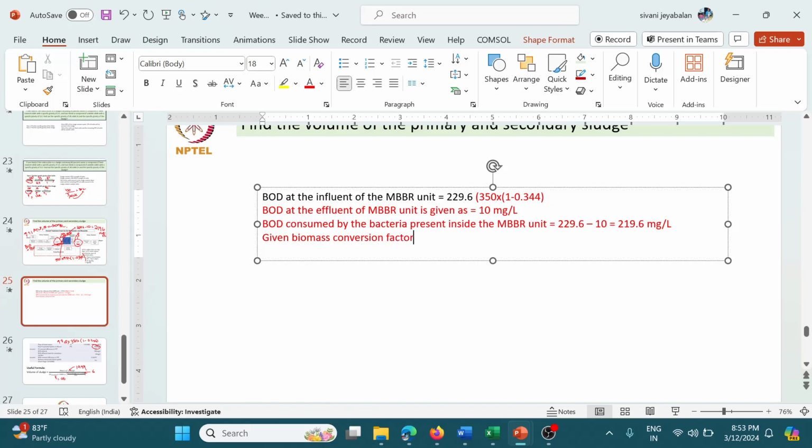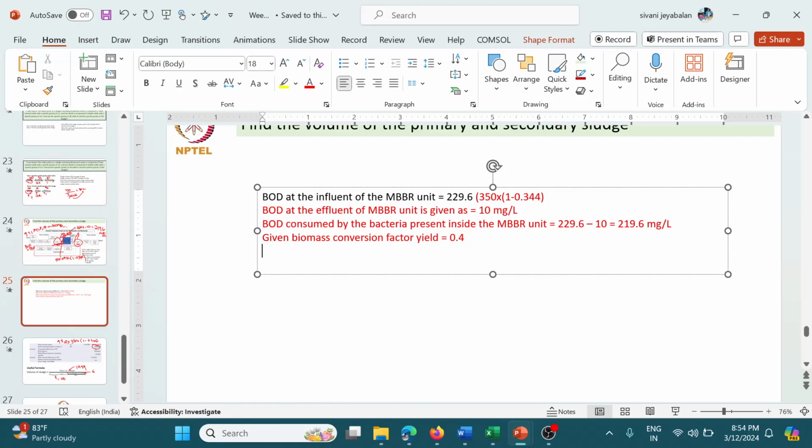Yield equal to 0.4 means, if 1 kg of BOD is given to the microbe, it can produce 0.4 kg of biomass weight.